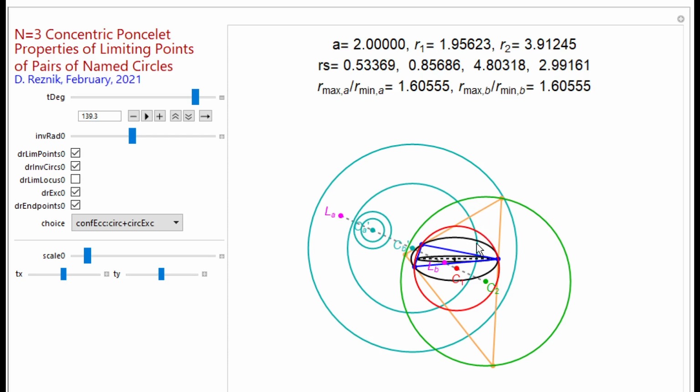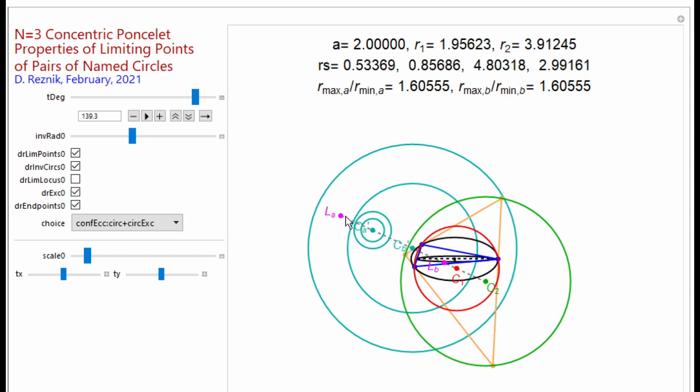You can imagine a circle centered on LA with unit radius, and another centered on LB with unit radius. If I invert the original pair with respect to either of these two circles, I get two brand new pairs of concentric circles: the first centered on CA prime, the second centered on CB prime.